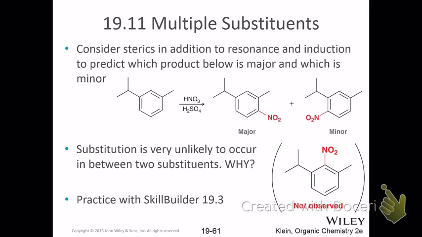How would you plan the synthesis? Because you notice these two groups are next to each other, but one of these groups is really big.